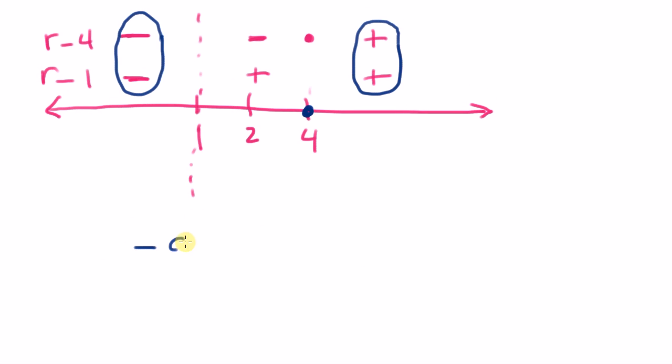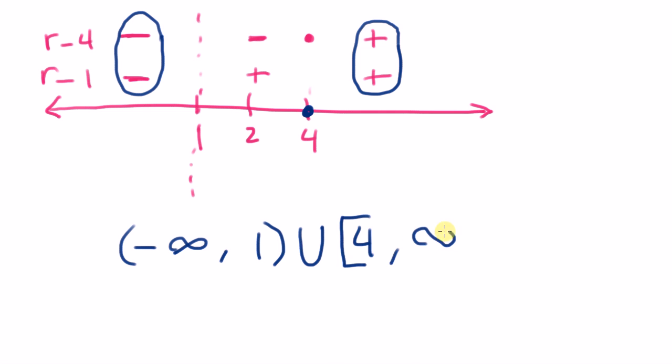So from negative infinity to 1, excluding 1, union from 4, including, because it can be 0, to positive infinity. So that's going to be my solution.